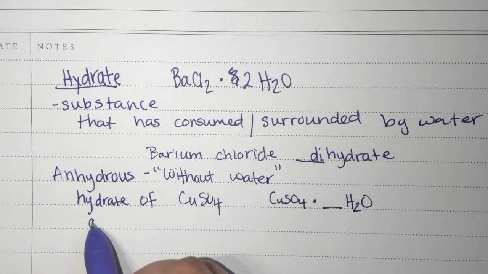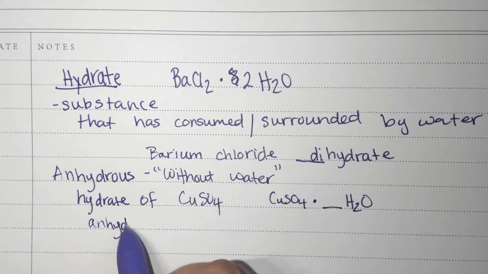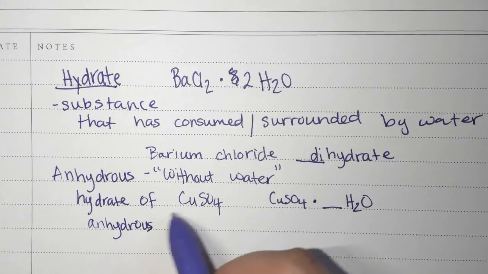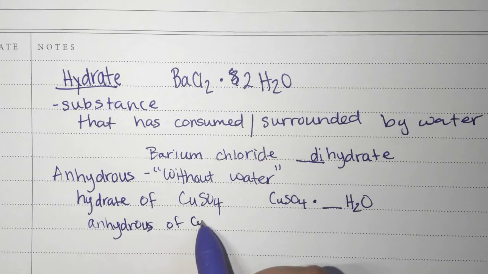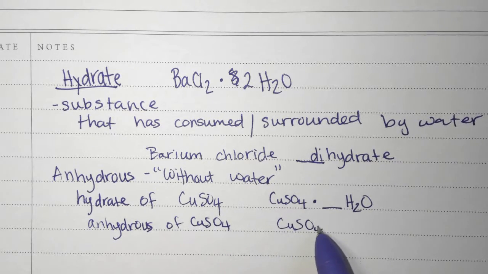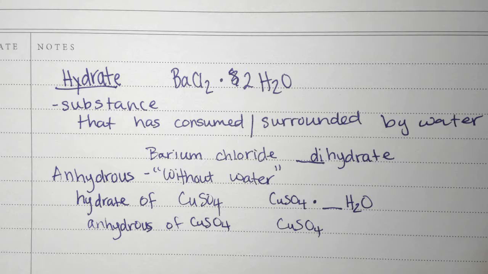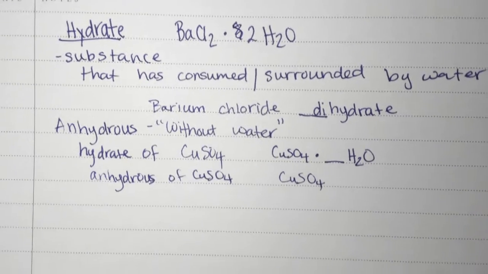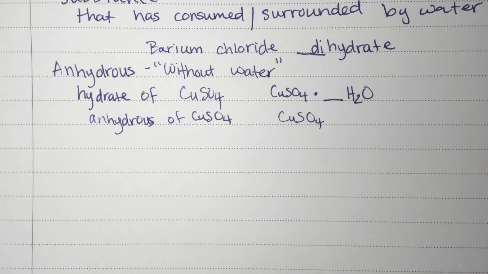Or you can see the anhydrous of copper sulfate, which just means you are looking at copper sulfate alone with no water in it. Okay? And so when we are looking at these, we see specific examples. It either can be word form or it could be just giving you percentages.